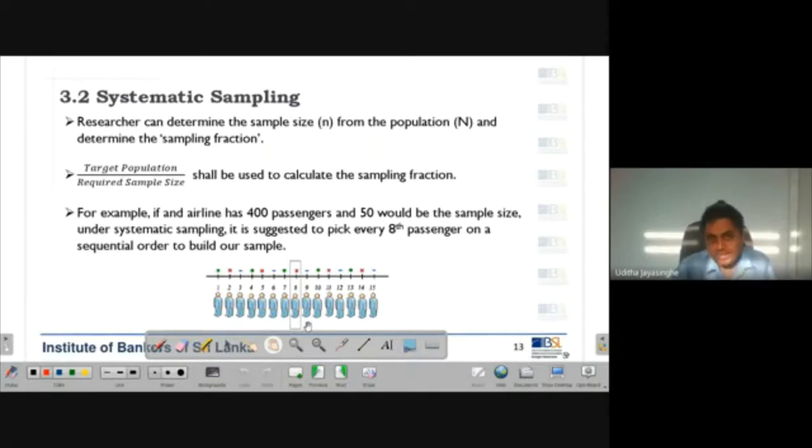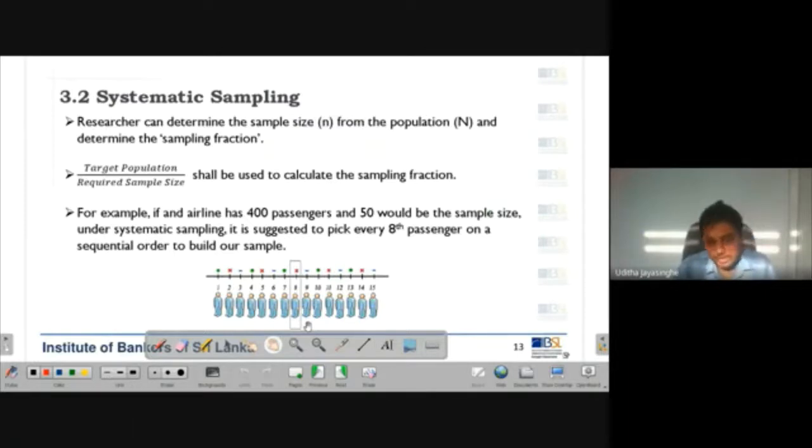For example, if an airline has 400 passengers and 50 would be the sample size. That means, let's say for this particular aeroplane, there are 400 passengers coming on board, and you need to select 50 to do some sort of survey, let's say the airline satisfaction survey.